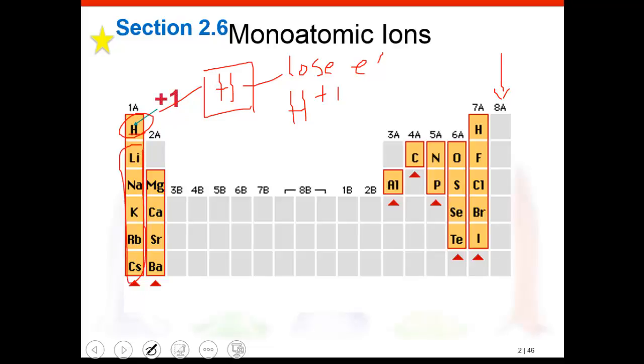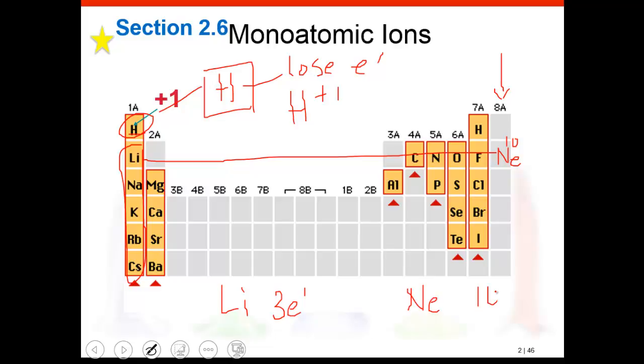Now, everything in group 1, we said, will make a +1 ion, okay? And the reason for that is, if we look at lithium, lithium normally has 3 electrons. So if we look at the noble gas on the periodic table that comes after lithium numerically, and this is neon, element number 10, in order for lithium to have the same number of electrons as neon does, it would need to gain 7 electrons to get the same number, 10 electrons, as neon has. Well, that's a lot to gain.